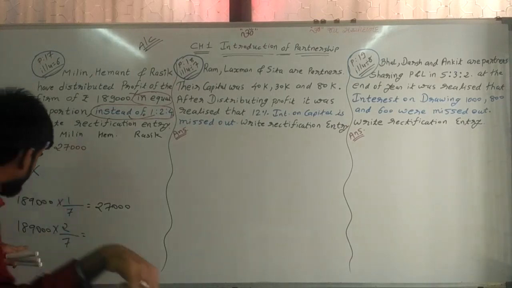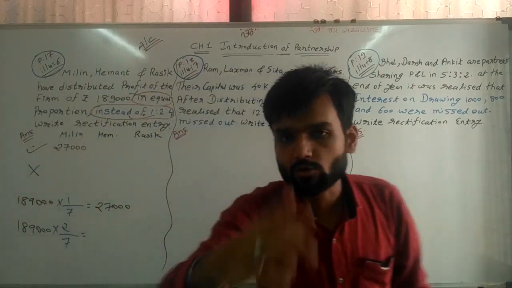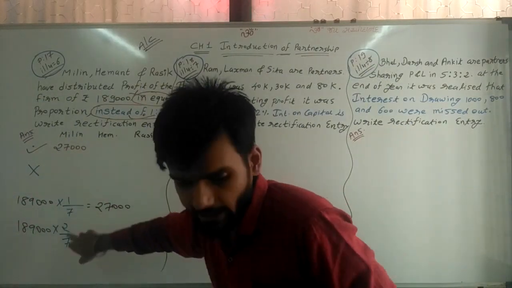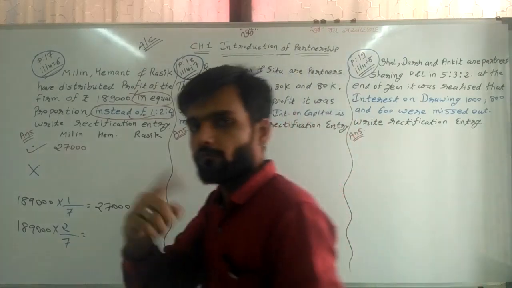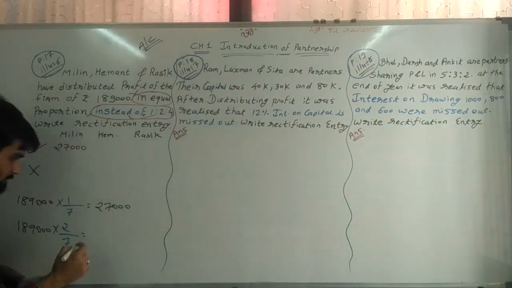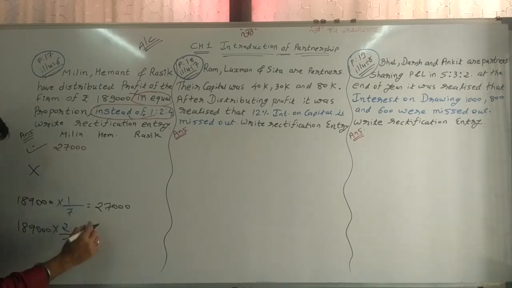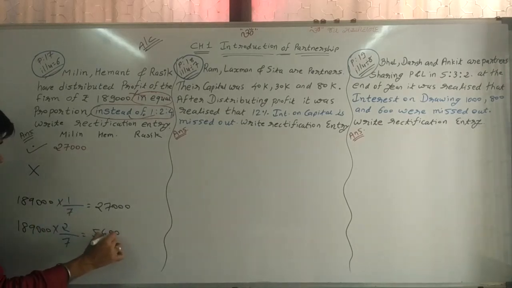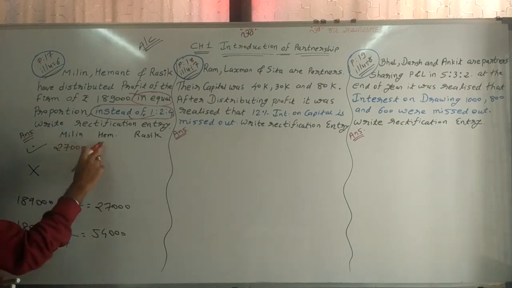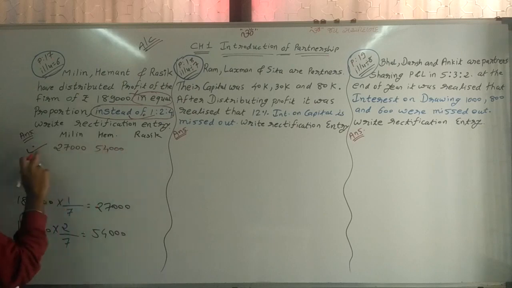If you calculate again, your answer will be 54,000, double of this, since here it is 1 and here 2. So Hemant received 54,000 legally. Correct entry.